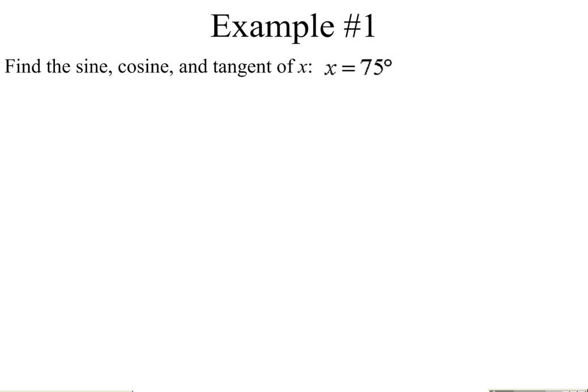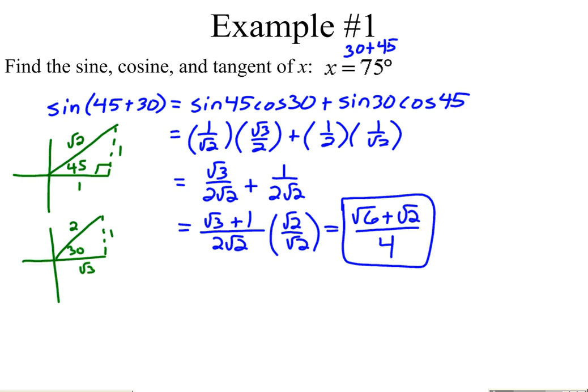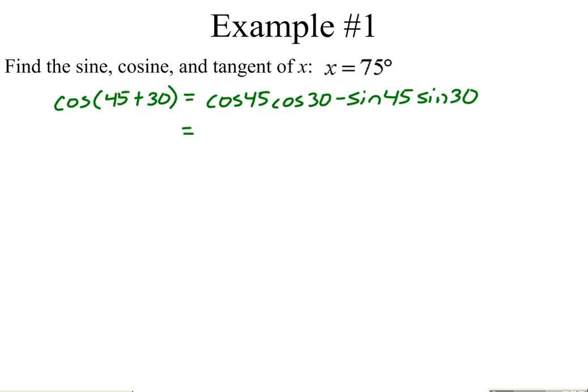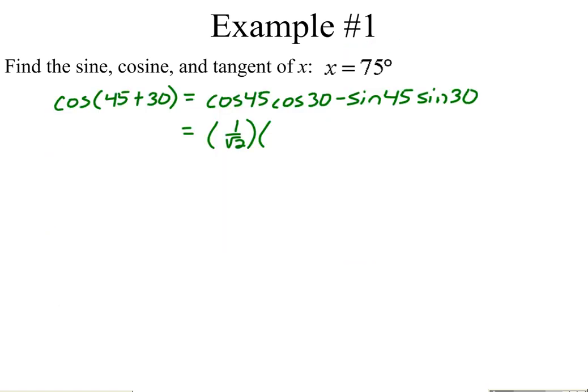Cosine of 75, set up the same way. Cosine of A plus B, 45 plus 30. Cosine A, cosine B, minus sine A, sine B. Cosine of 45, if we go back here and look, cosine is adjacent over hypotenuse, 1 over root 2. Cosine of 30, adjacent over hypotenuse, root 3 over 2.